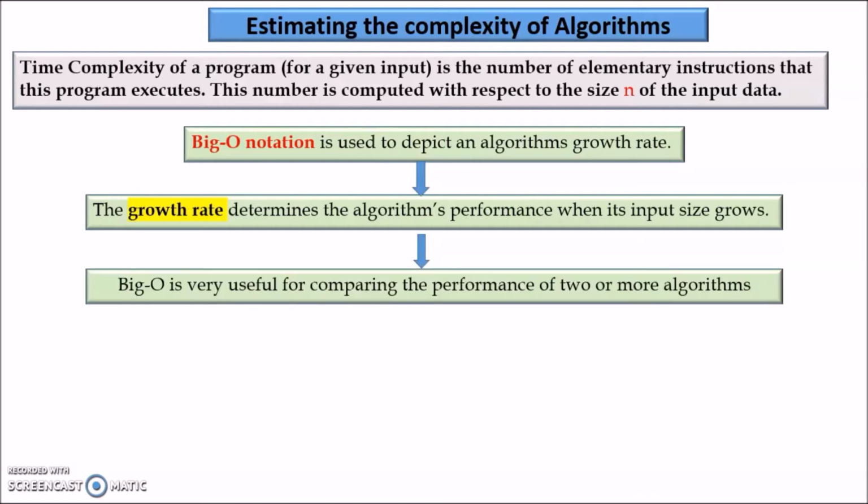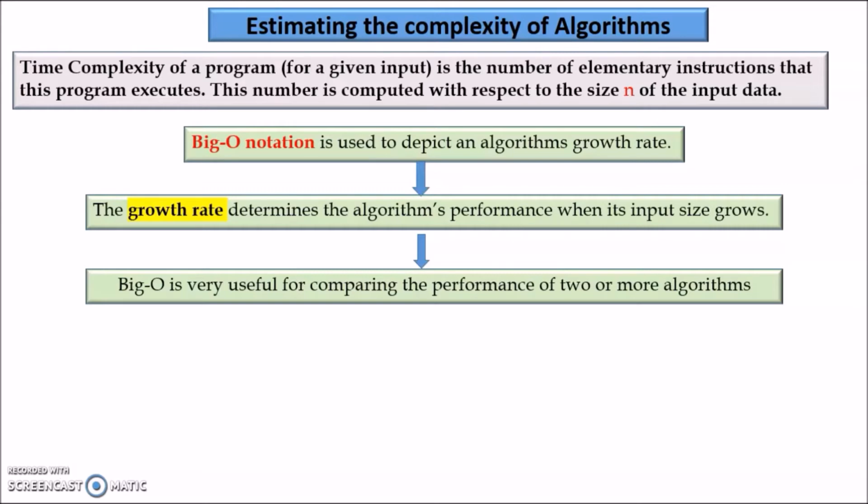Big O is very useful for comparing the performance of two or more algorithms and making decisions. At this point, you should keep in mind that estimation of algorithm efficiency is performed to determine the growth function, that is, how the algorithm will perform as the input size increases.